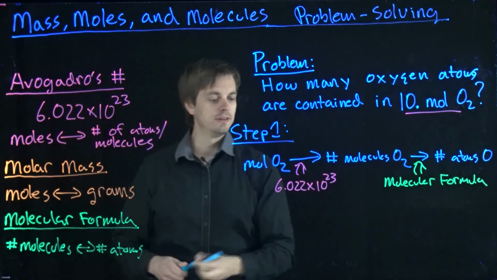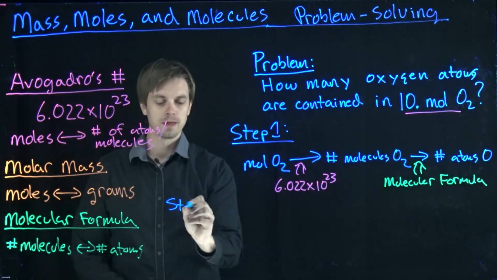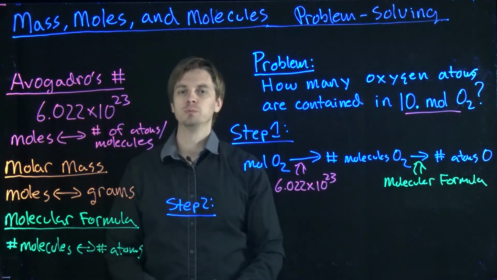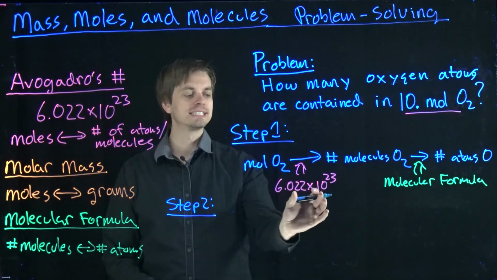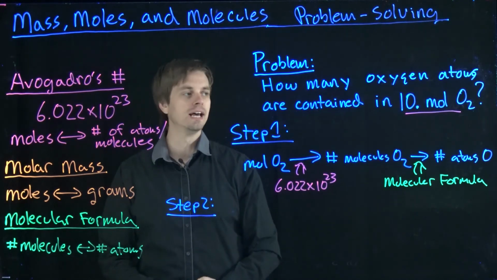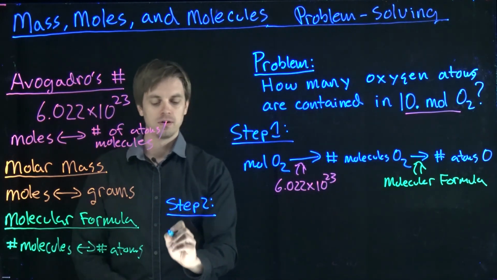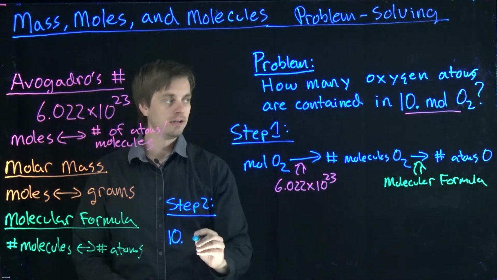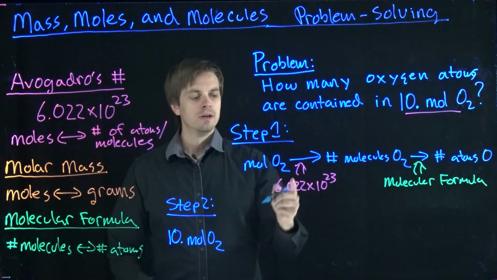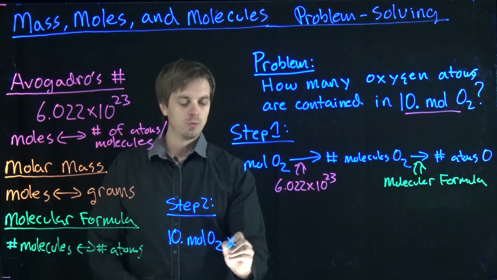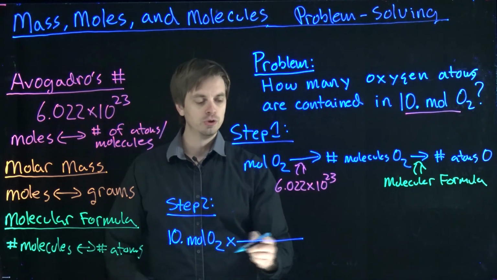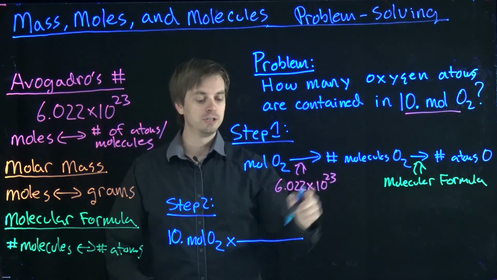So for the final solution here, and our second step of the problem-solving process, we're going to plug in the actual numerical values and make sure to set up these conversion factors so that we end up with the units that we want at the end of the day. So starting off, we've got 10 moles of O2. Using Avogadro's number, we now are going to convert from moles of O2 into number of molecules, individual molecules.